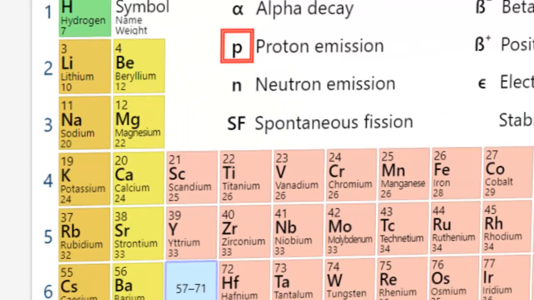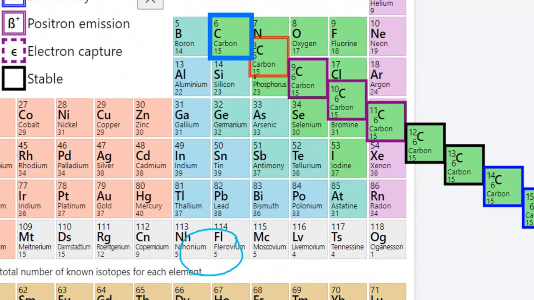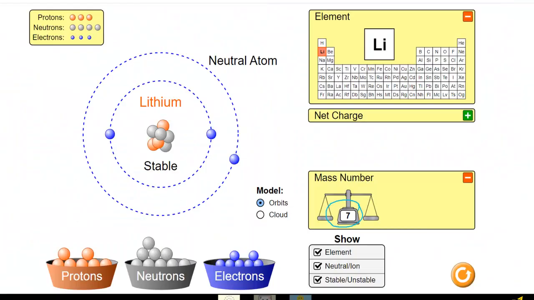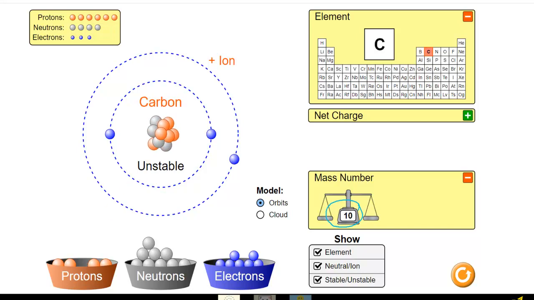Let's look at carbon. Carbon has 6 protons, 4, 5, 6, and that's carbon. And it has 6 electrons, 4, 5, 6.